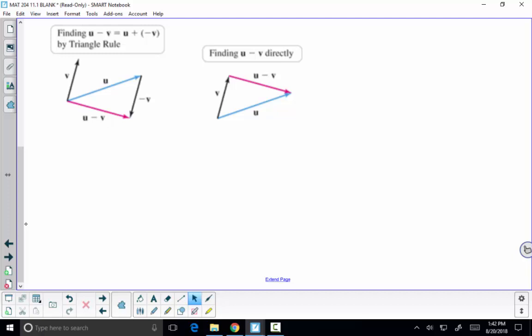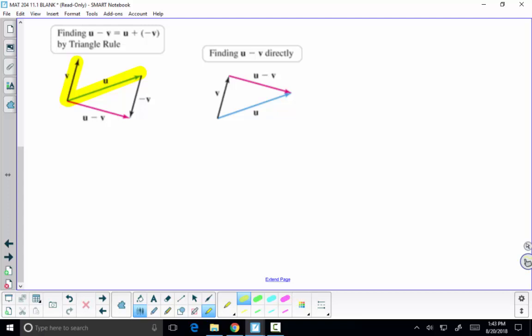Again, let's get clear in our head that we're starting with vectors u and v. Those are the two that we're starting with. We just talked about how if you multiply a vector by a negative, it just flips it 180 degrees and does not change the length. So this is a picture of negative v.